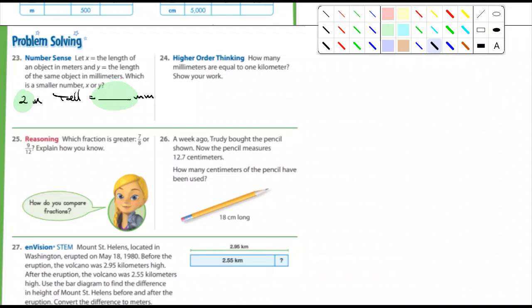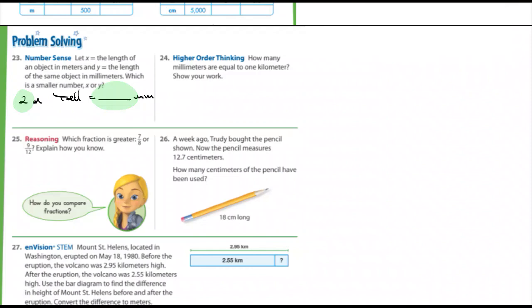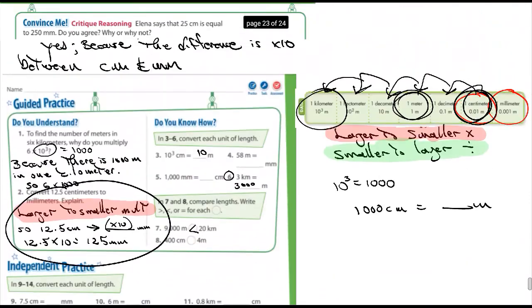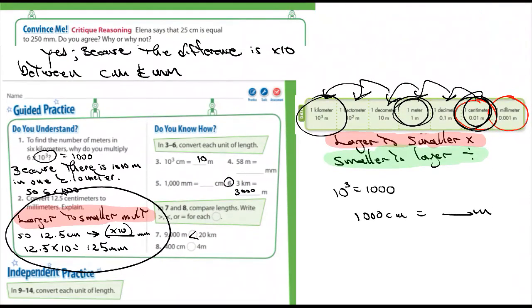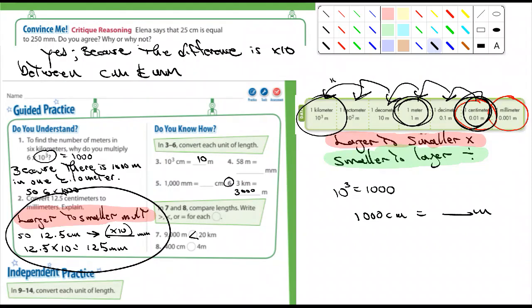Number 24, how many millimeters are equal to 1 kilometer? Well, you're going to have to refer back to that chart and start multiplying by 100 each time. Or no, not 100, a 10. I might have said 100 each time once before. The difference in each one of these is 10. 10 times. I don't want to confuse you guys.